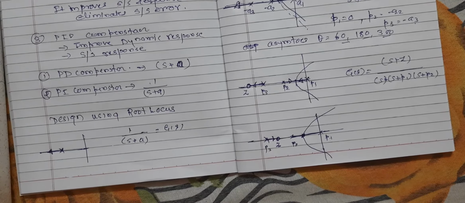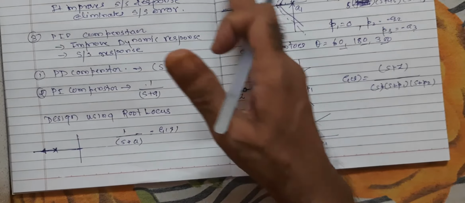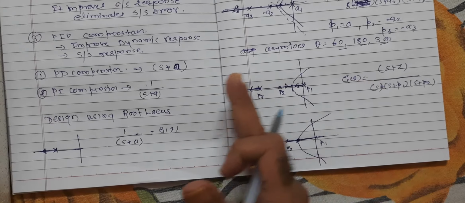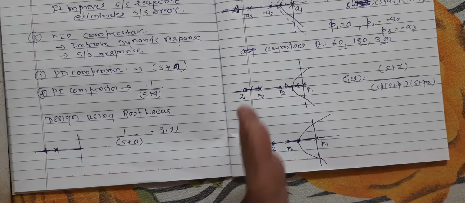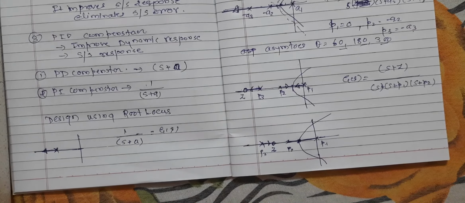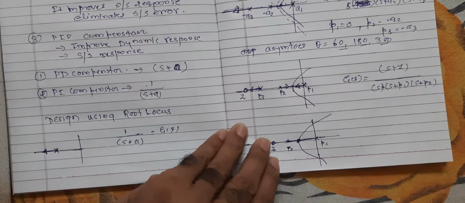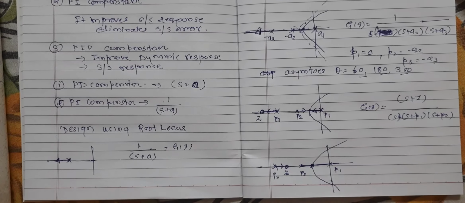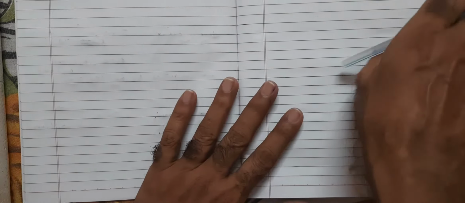Now see what is happening here: if we add poles, my curve shifts towards the right, and if I add a zero, my root locus shifts towards the left side. If it shifts towards the left side, that means we are making the system more stable. Remember this, as it will be required when we design the lead and lag compensators.